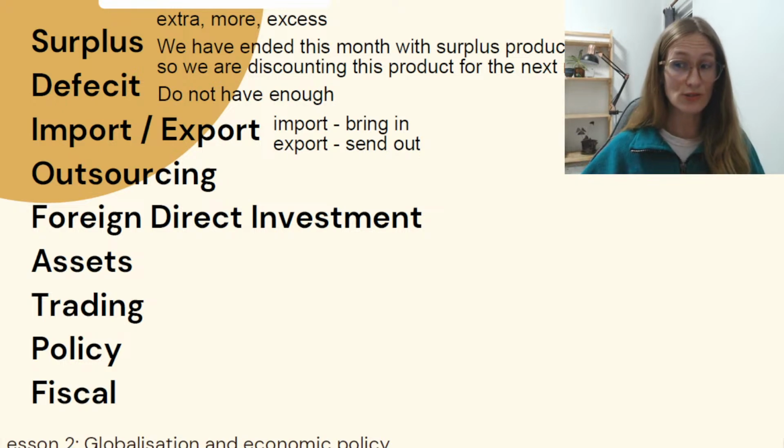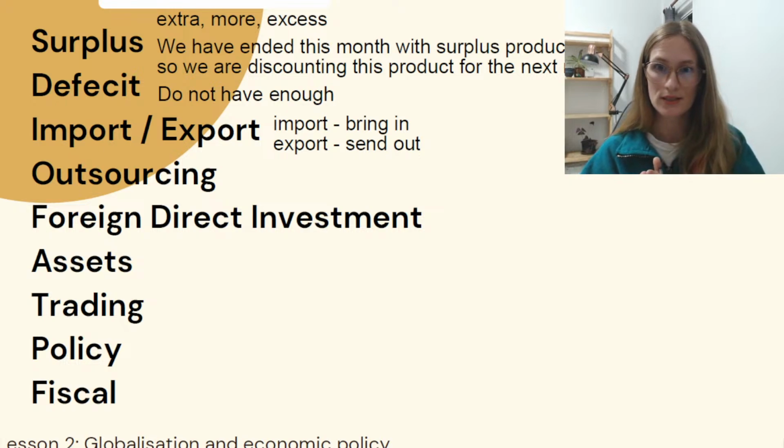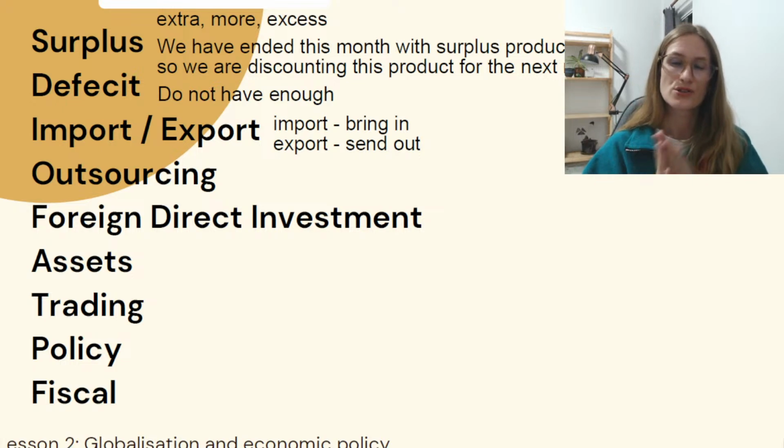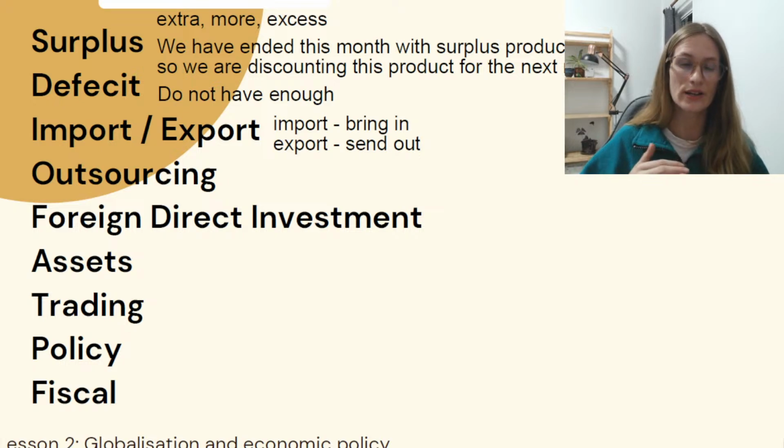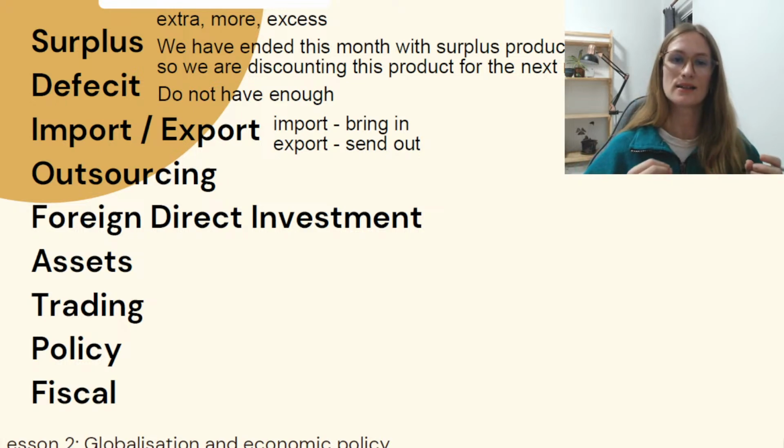Okay, so outsourcing is when we try to save money in the company by hiring people from outside the country. So a really popular thing at the moment, to bring something from outside to produce something. Close. So a really popular thing at the moment for UK and European countries, I know that Germany is doing it, and I know that Switzerland is also doing it, is hiring IT support and customer service support from India.